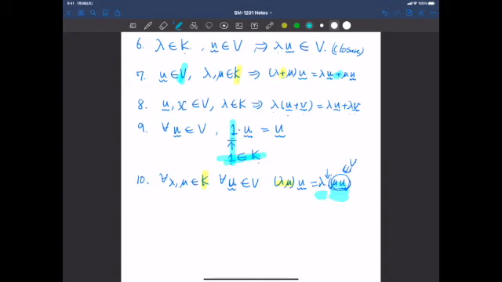So here we have two completely different sets, the field K and the vector space V. So it is completely different from fields. In fact, a vector space is a vector space.